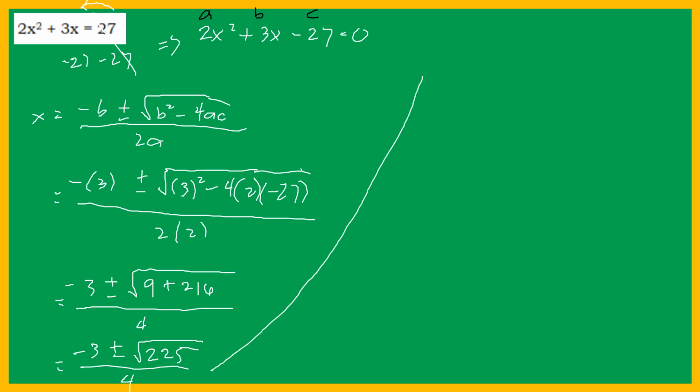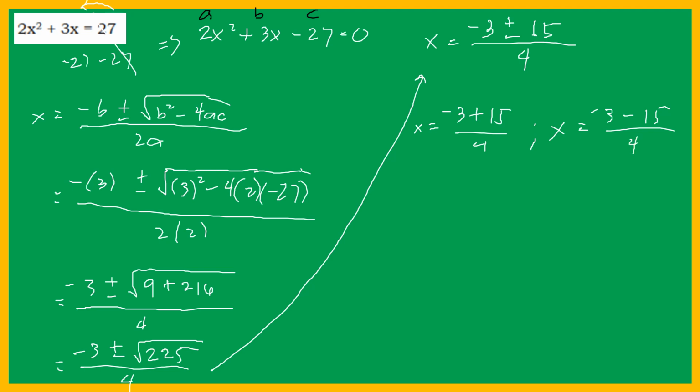Then proceed tayo sa ating solution. So we will have x equals negative 3 plus or minus the square root of 225 is 15 all over 4. Then paghihiwalayin natin siya, x is equal to negative 3 plus 15 all over 4, and the other one is x is equal to negative 3 minus 15 all over 4.